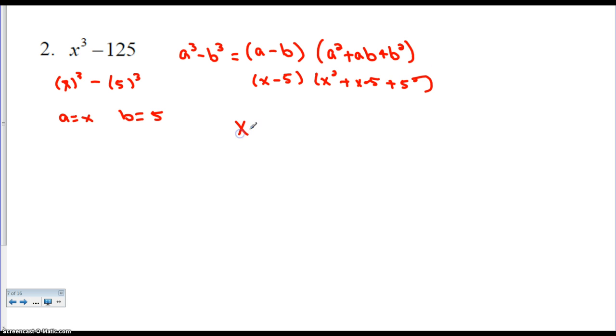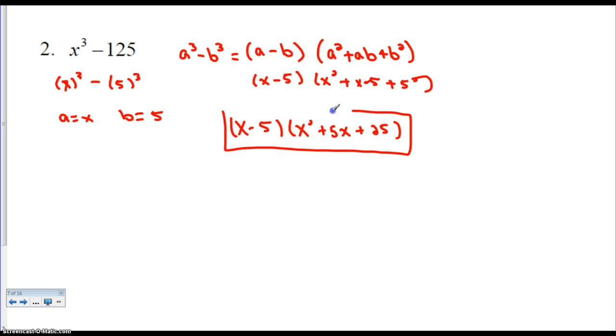So that's x minus 5 times x squared plus 5x plus 25 is the factored out form. If you were to multiply, which I encourage you guys to do, you would see that this turns back into that. Let's look at another example.